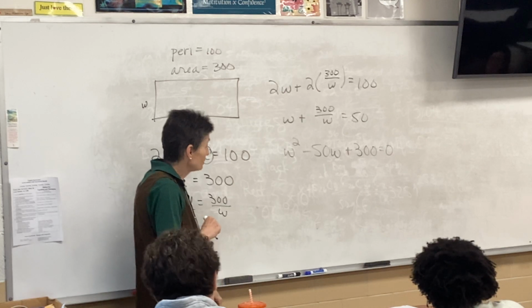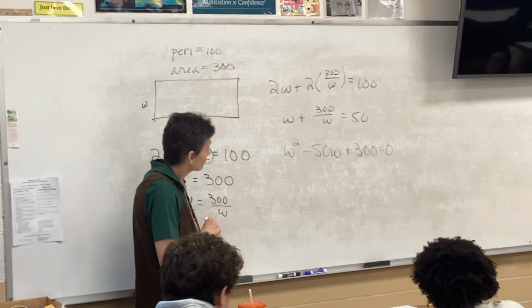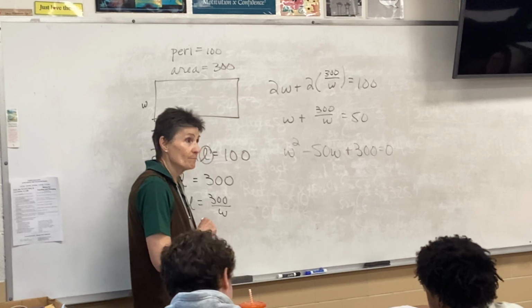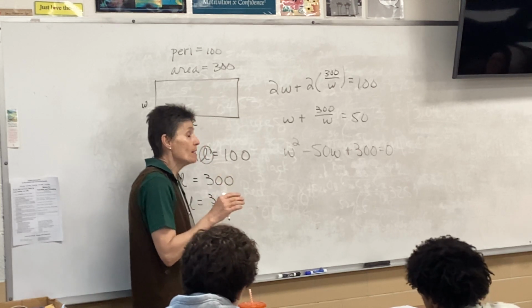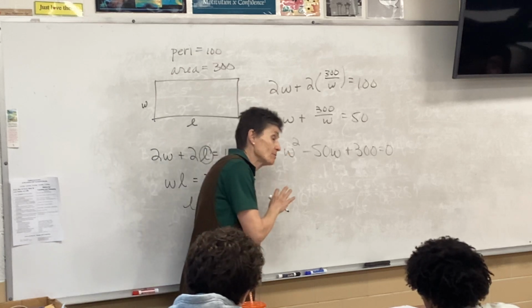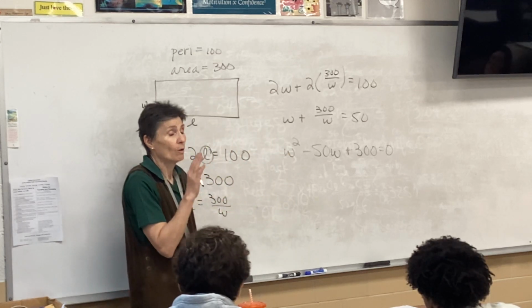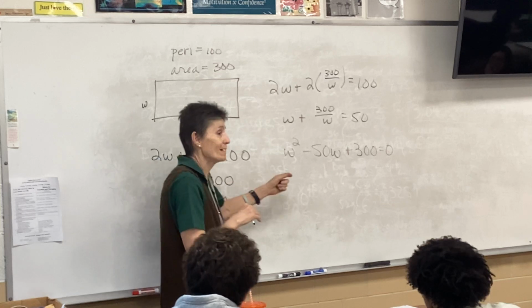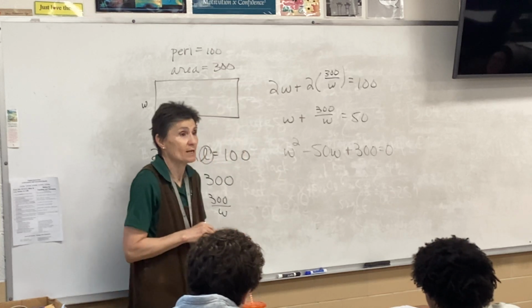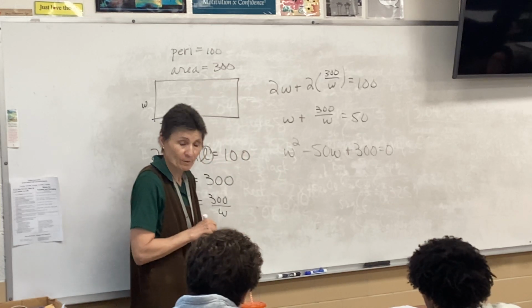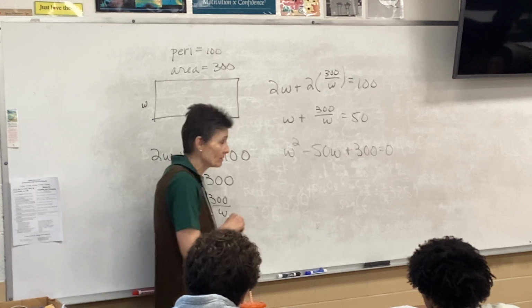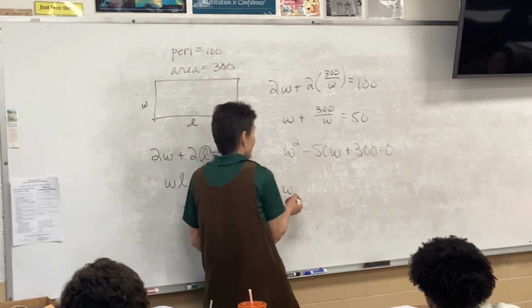Does it factor? I don't know. I could sit here and stew about that. Maybe it'll occur to me, maybe it won't. What else could I do though, if I don't want to waste a bunch of time on this? I could use the quadratic formula. I have my calculator. So it just might factor.